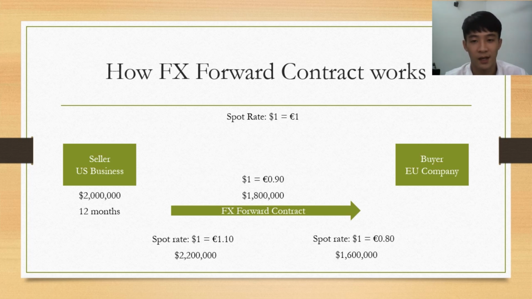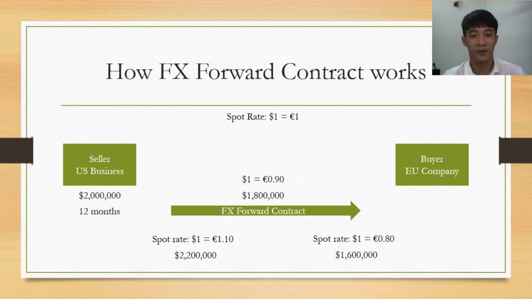So let's say after a year, if the spot rate is $1 to 1.1 euro, then the seller will profit. They will benefit from this because the revenue will rise to 2.2 million.